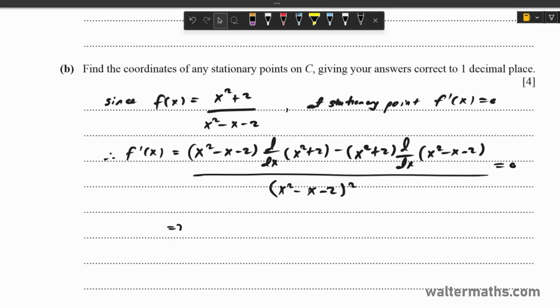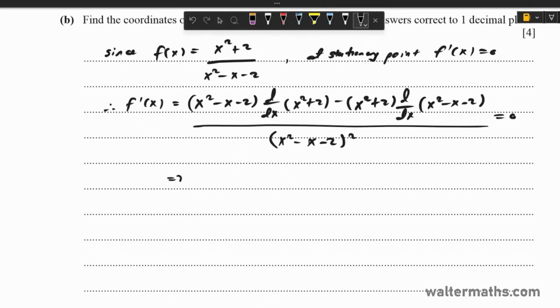Okay, so we will be differentiating here. We get 2x times x squared minus x minus 2, and it's minus x squared plus 2 times, differentiating this, we get 2x minus 1, right? So all this is equal to 0 because when we multiply both sides by the denominator, we get 0.